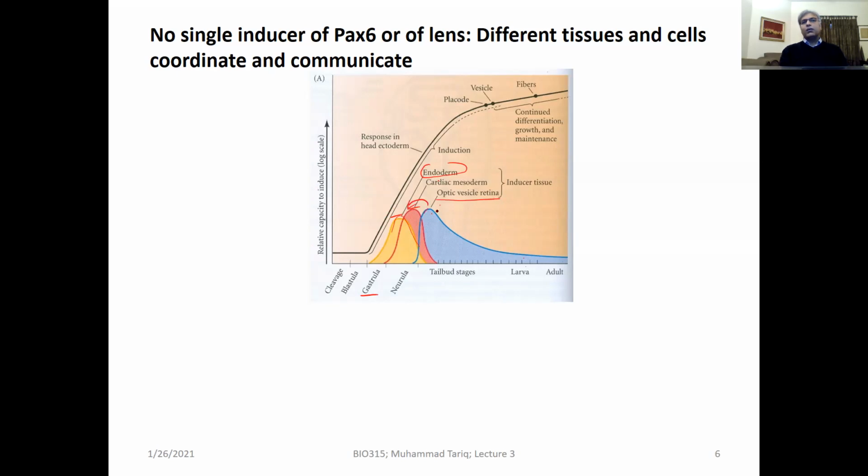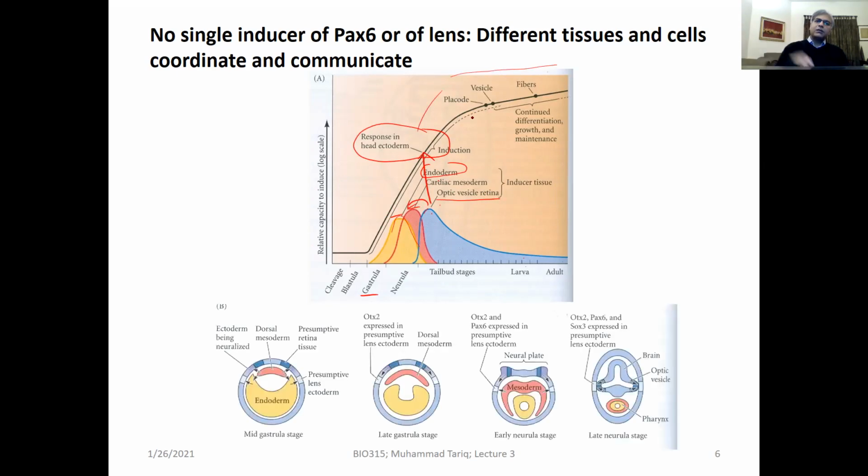And then once you have the optic vesicle formed, you have a response in the head ectoderm. And eventually different tissues in the eye are formed.